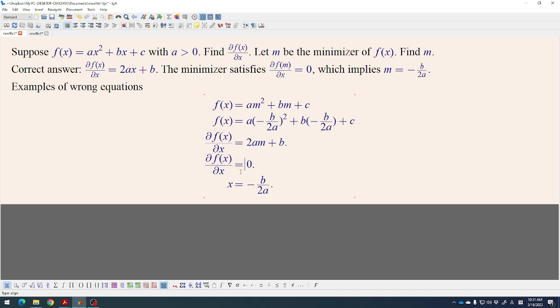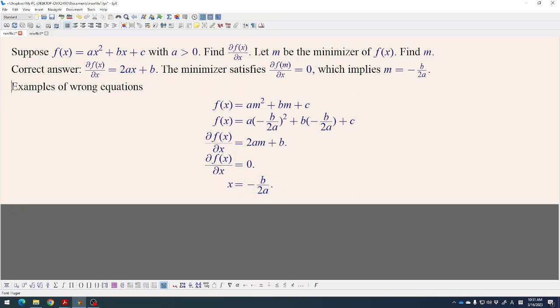This is true only when x equals the minimizer. And finally, if you just write this way, then it is wrong. You have to say something, for example, that the solution to this first order condition is this. x can be a different value, but you are specifically considering this specific one.